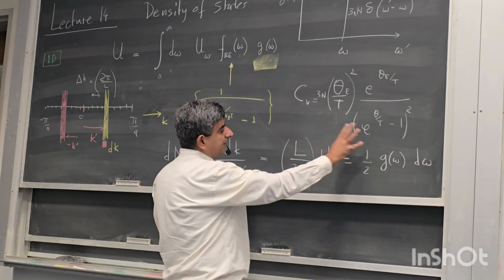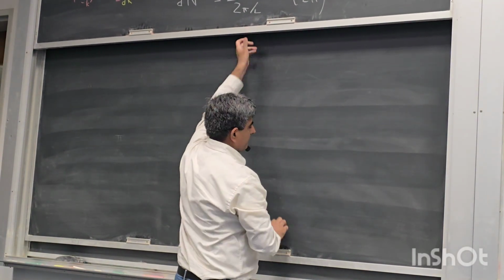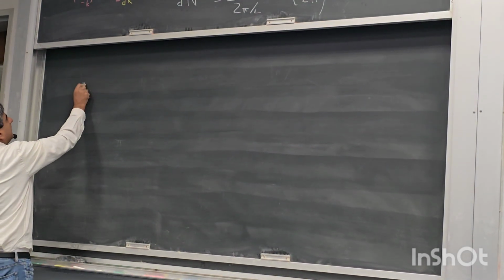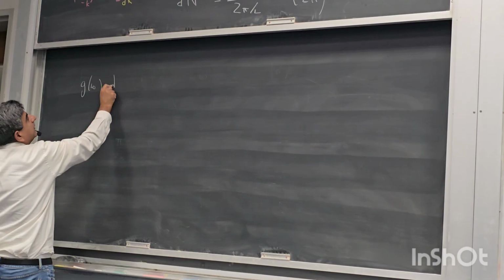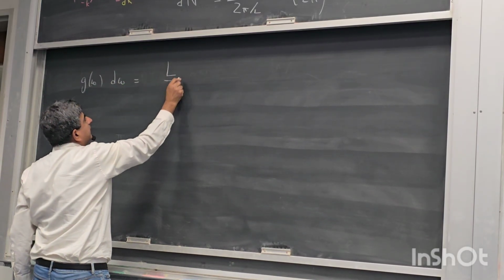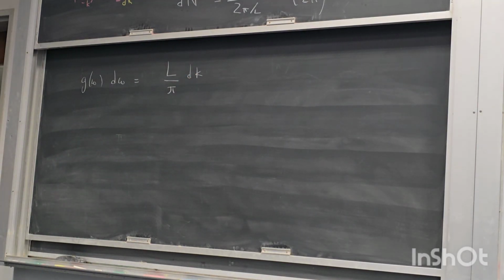So if I look at this relationship that we have in 1D, my g omega d omega is L over pi dk. Okay, in 1D.